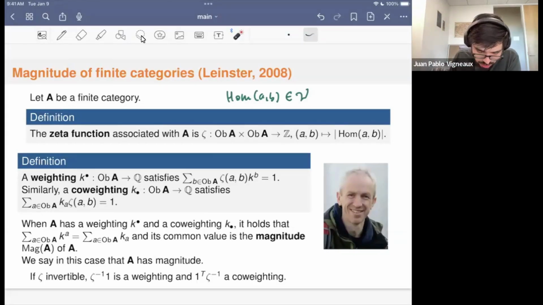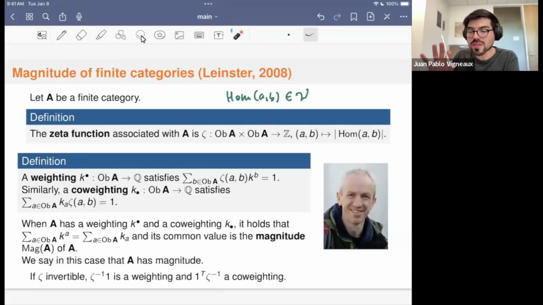And the definition that Leinster introduced is that you have a weighting and a co-weighting. So a weighting is a vector that you can use to multiply zeta on the right, and that gives you a vector of ones. And a co-weighting, if you want, is a weighting of the transpose of zeta. And what Leinster shows is that when A has a weighting and a co-weighting, then in fact the total weight and the total co-weight are the same, and this common value is what he defined as the magnitude.